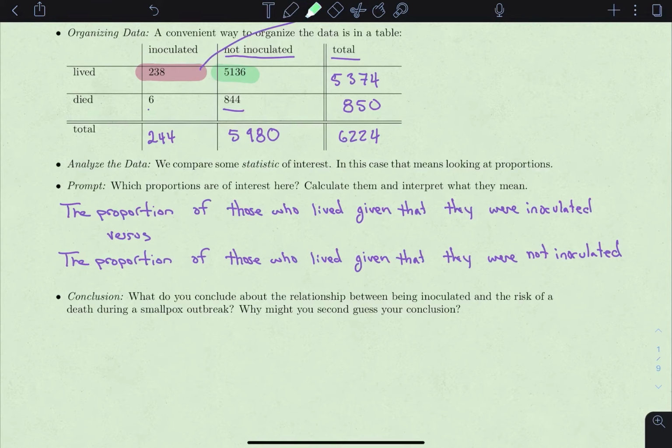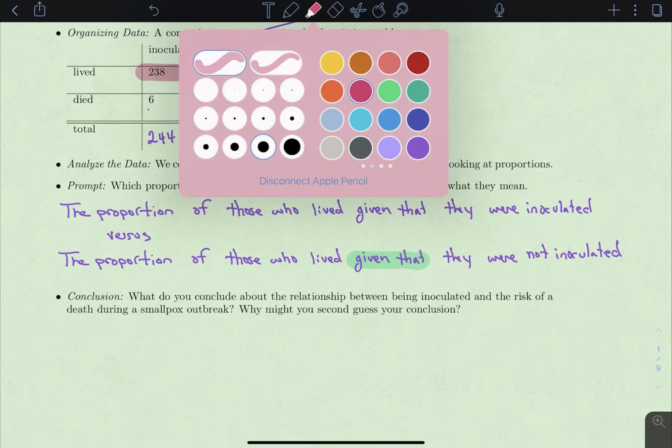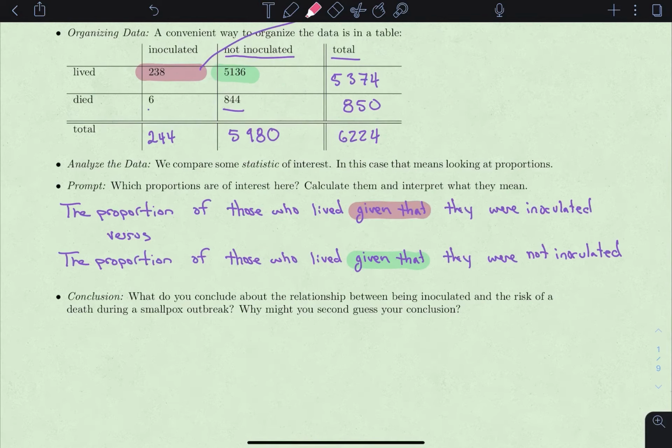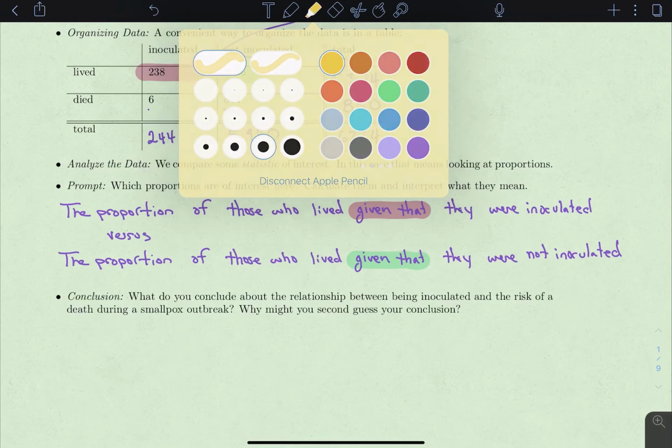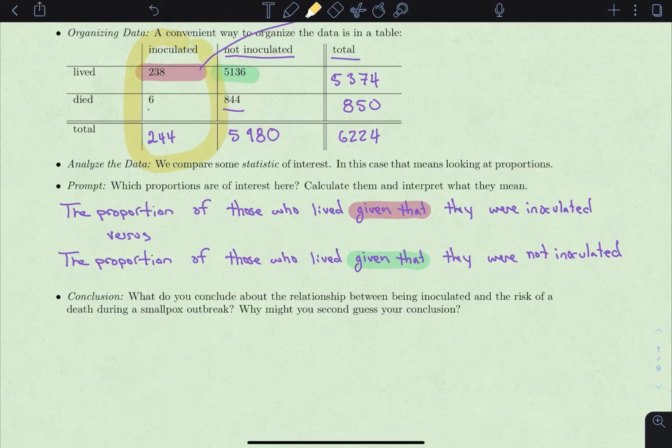And so note the given that phrase in both of them. So we want to know what the chances of living were, but under the different conditions that you were inoculated or not. So what we care about is comparing within these two columns. So within each column is going to have its own statistic.